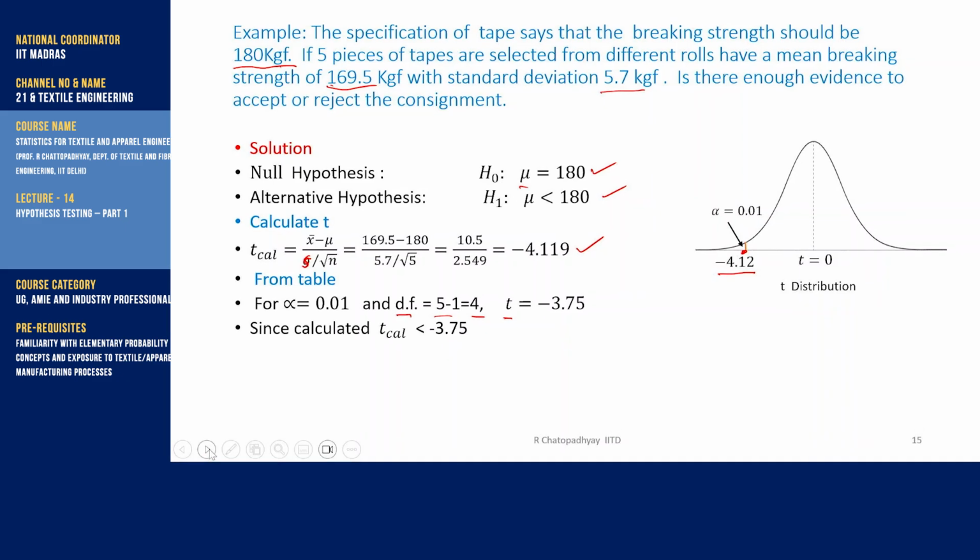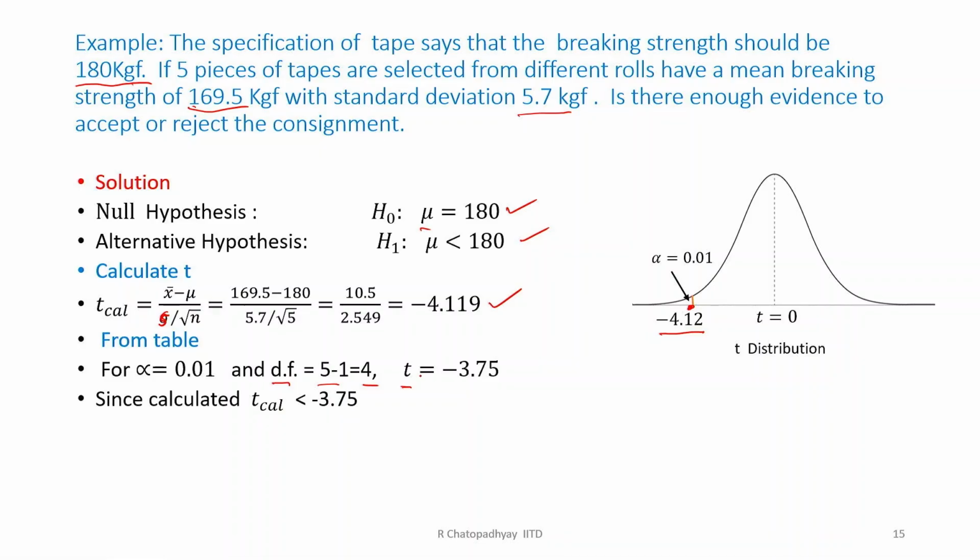And for degree of freedom 4 and alpha 0.01, the value of T, you can see from the table, is minus 3.75, which will be somewhere here. So the calculated T is less than minus 3.75.